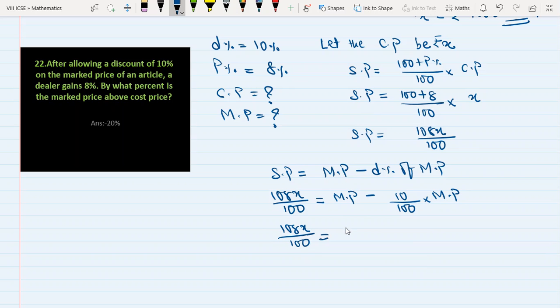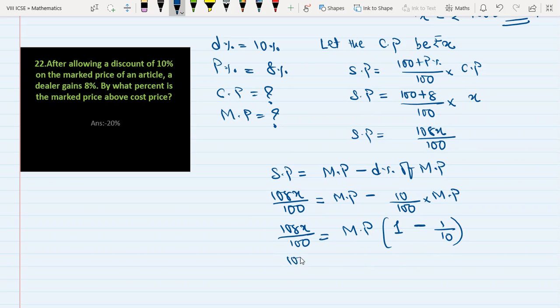What I'm going to do is take out mark price common because I have to find mark price. So inside the bracket, 1 will remain, minus 10 upon 100. Now 10 upon 100, I'll do 1 by 10 for simplicity.